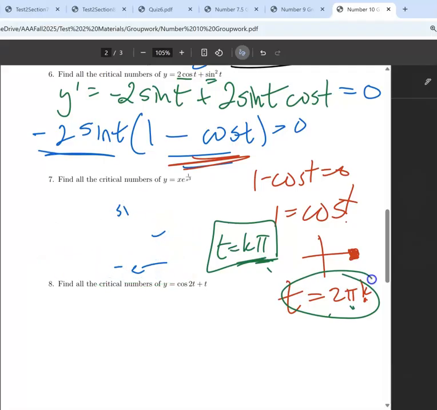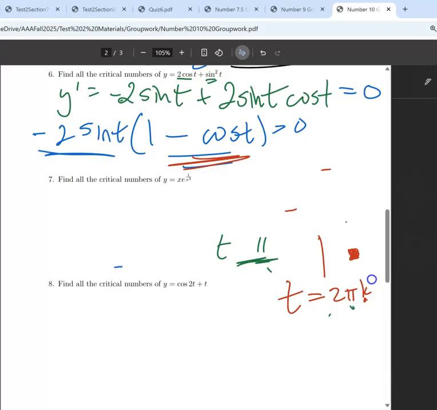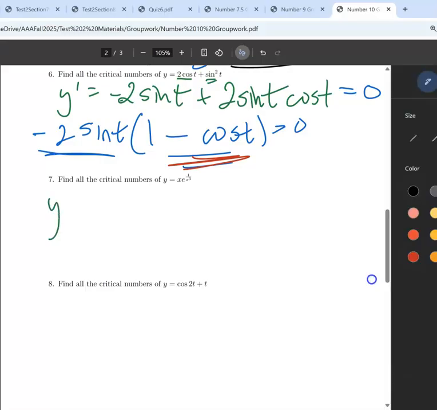All right, so then let's go to erase. How do I find the critical numbers of number 7 here? Right away I see that negative exponent term in the e function. I would want to rewrite that so I make sure I take the derivative of that correctly. So y equals x e to the, and this is like x to the negative 3 power, right?